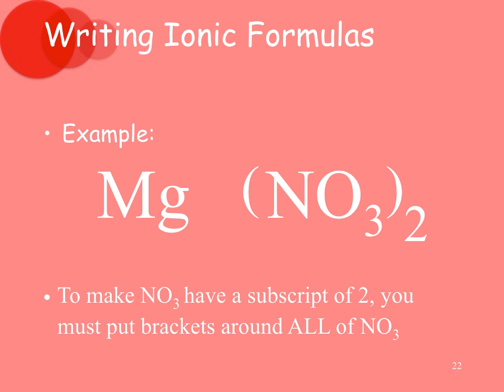To make NO3 have a subscript of 2, you must put brackets around all of the NO3, or parentheses, whether you like to do brackets or parentheses. So now it doesn't look like 32 oxygens, it looks like 2 NO3s. The formula of the polyatomic ion will never change when writing formulas.